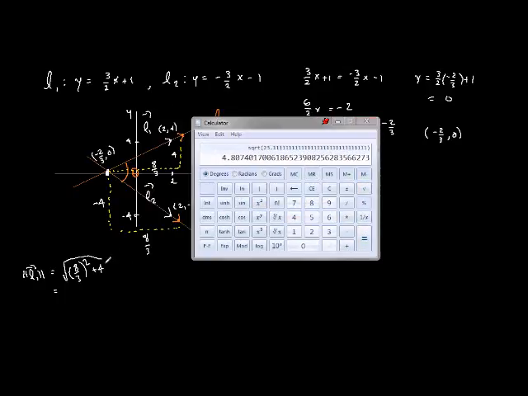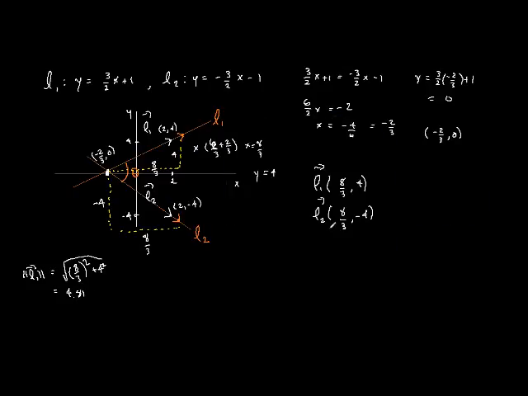That's 4.81. Now if I do that also for L2, I would get also 4.81. So L2's magnitude is also 4.81.